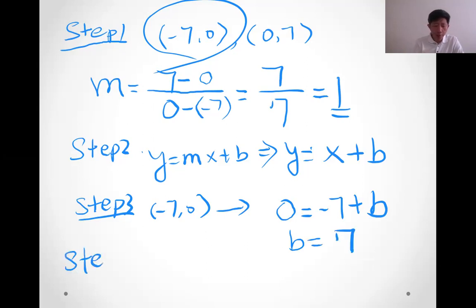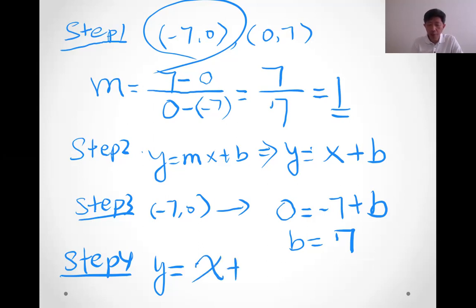Final step. Step 4, write the equation. This time, do we have a slope? Yes. What's our slope? Slope is 1, so we have 1x, right? What about b? b is 7.